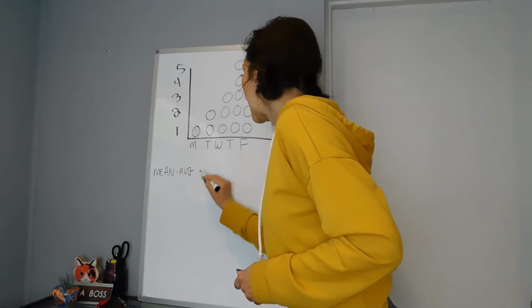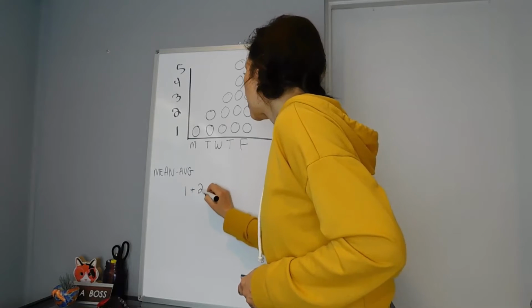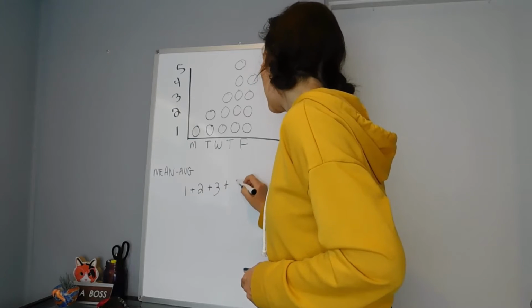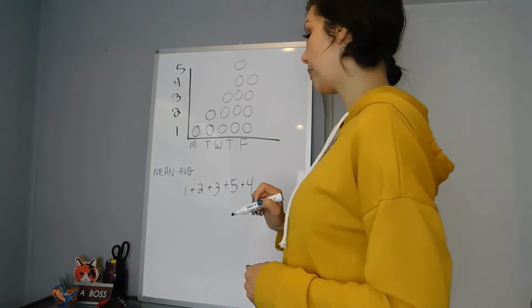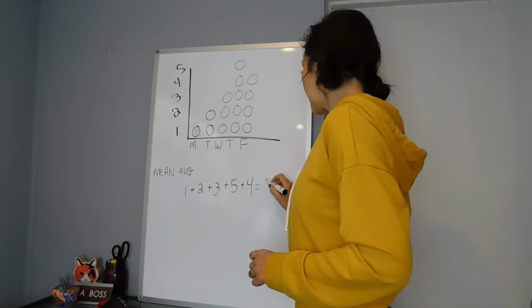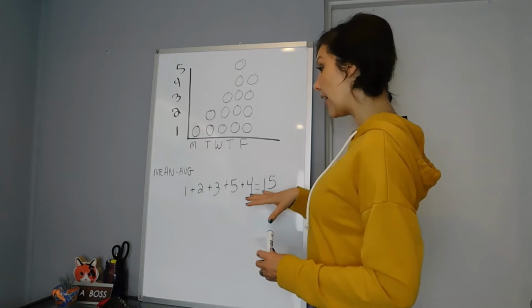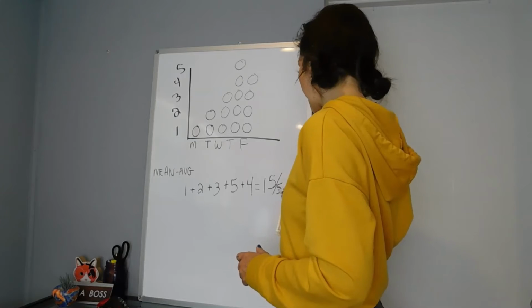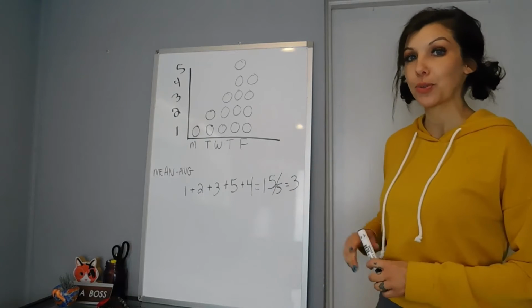So Monday we have 1, Tuesday there's 2, Wednesday we have 3, Thursday I had 5, and Friday I had 4. And if we add these together, that makes 15. When you divide 15 by 5, we get 3. So 3 is the average or the mean.